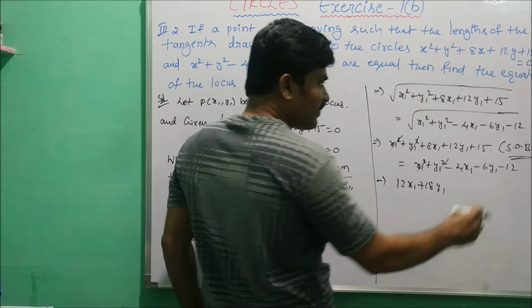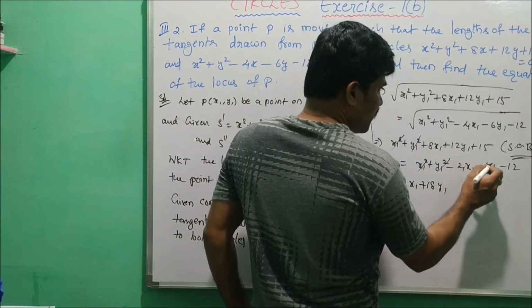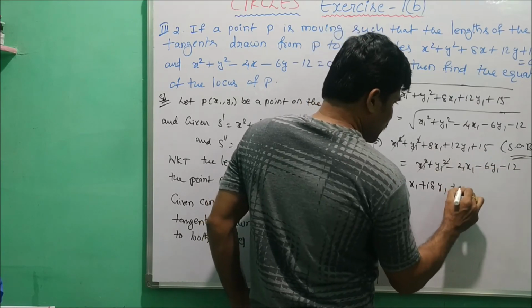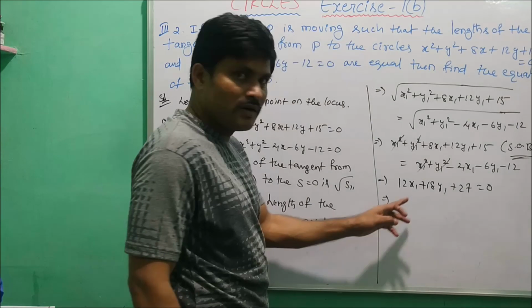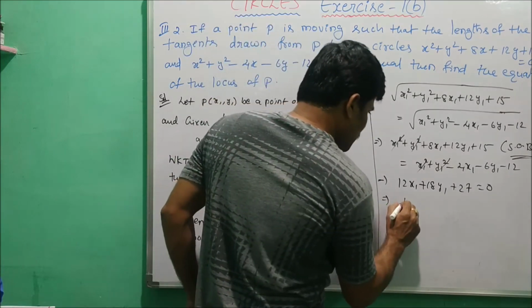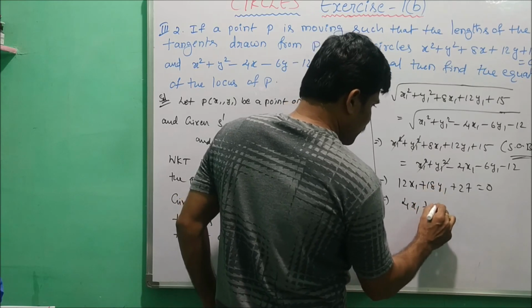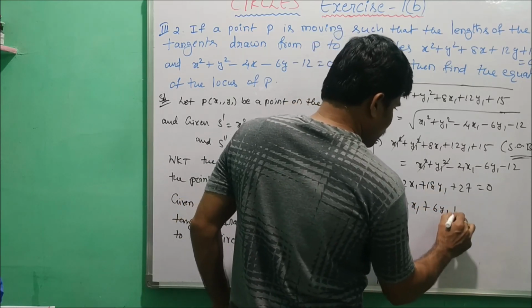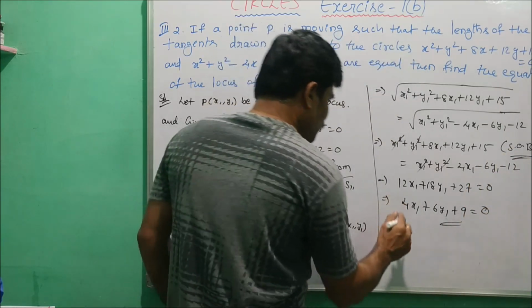The constants: minus 12 can be taken, so the constant is 15 plus 12, that is 27, equals 0. Now we divide by 3: 3 4s are 12, so 4x1, 3 6s are 18, 6y1, 3 9s are 27, so plus 9 equal to 0. So this is the equation of the locus.